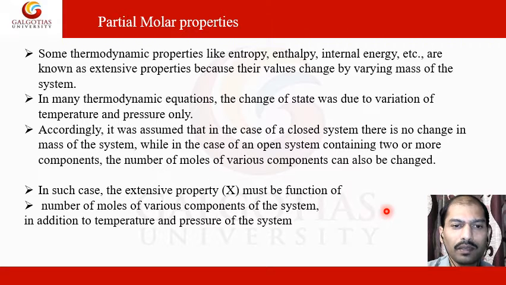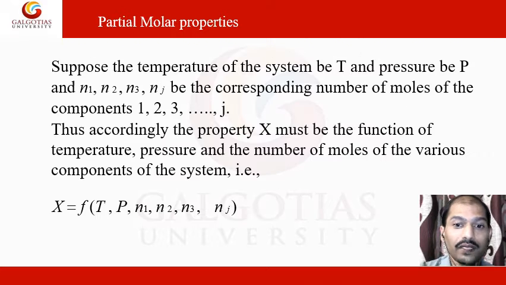In specific numericals or specific kinds of problems, if it is a constant, then it will be given as a constant. Now suppose the temperature of a system is T, the pressure is P, and the corresponding numbers of moles are n1, n2, n3 up to nj, meaning this can be any number.